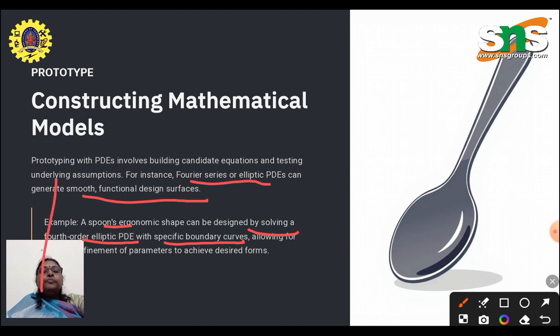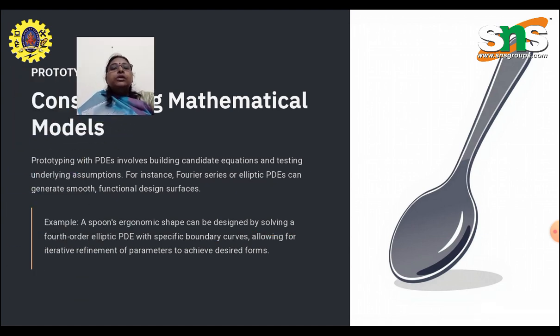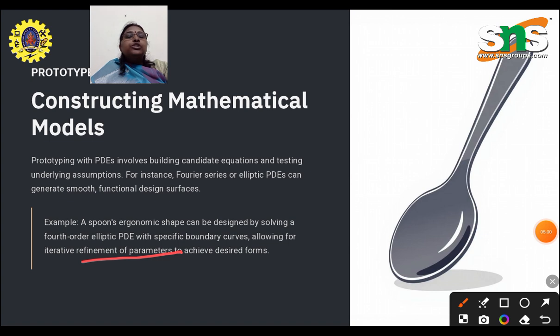It allows iterative refinement of parameters to achieve the desired forms. Solving this, we got the shape, which is the common shape we have for all spoons.